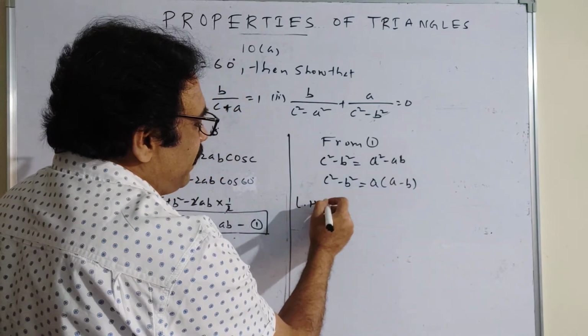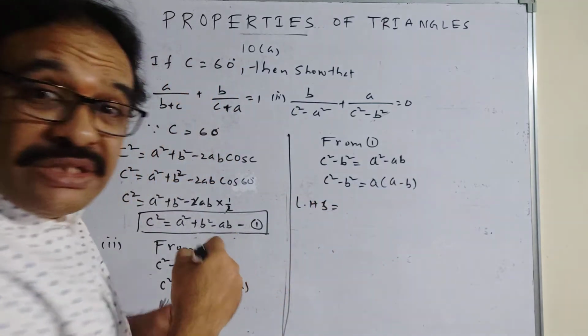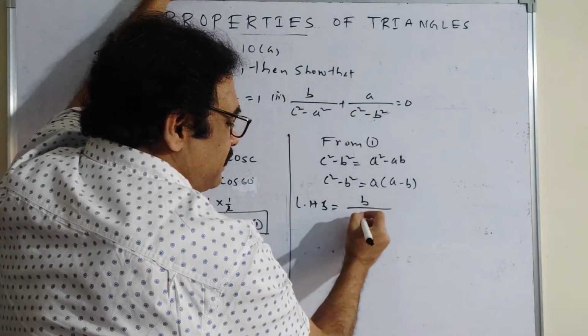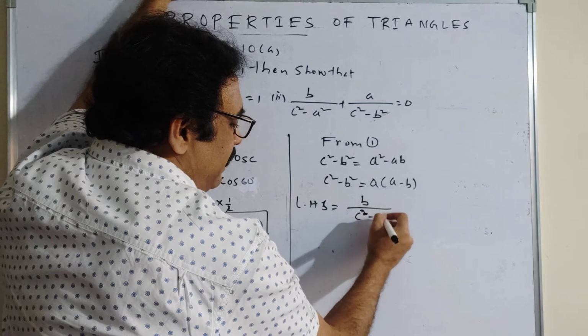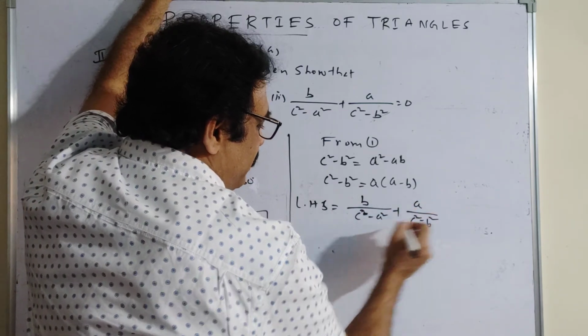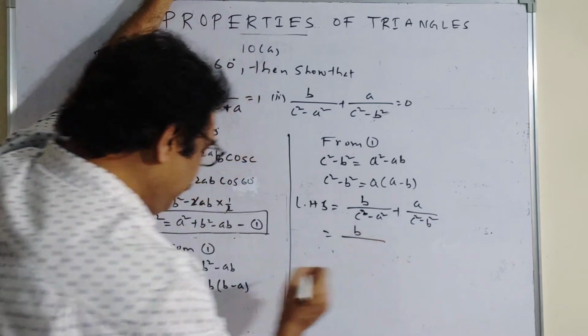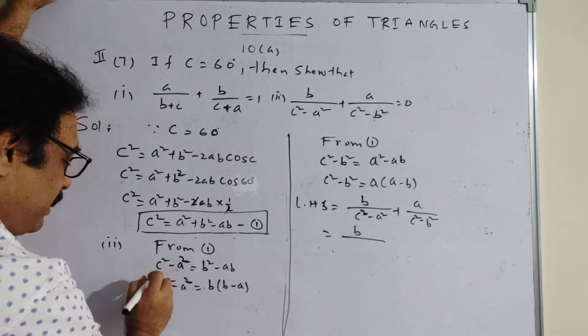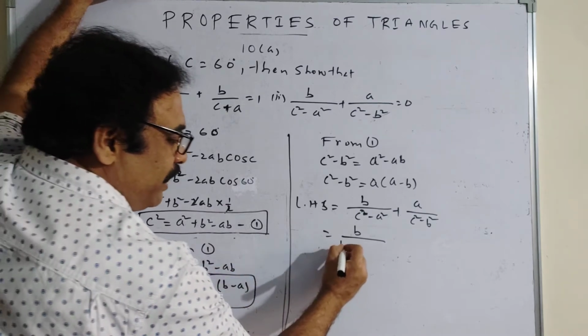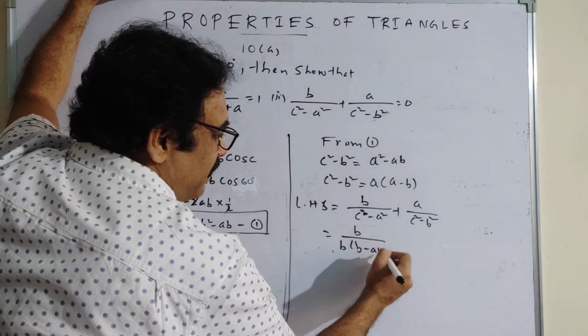Now I'll be taking LHS. LHS says b by (c square minus a square) plus a by (c square minus b square). So for b by (c square minus a square), just now you have derived it: b into (b minus a).